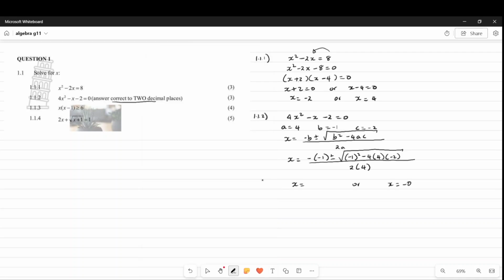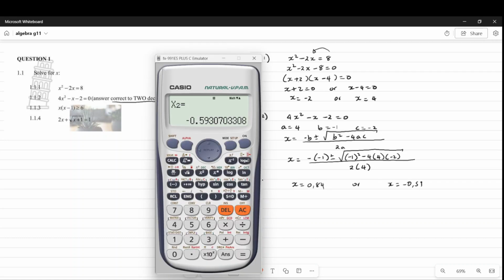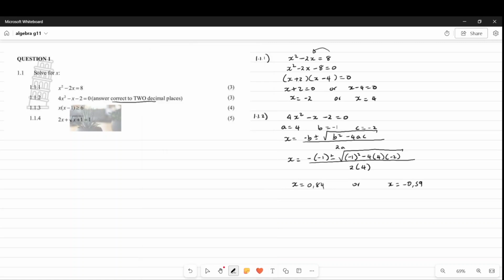So you got negative 0.59 or 0.84. Let's recheck that one more time. Yes, and the other one is negative 0.59. So we got that.